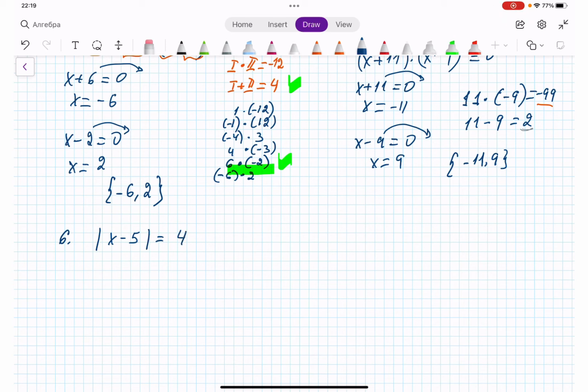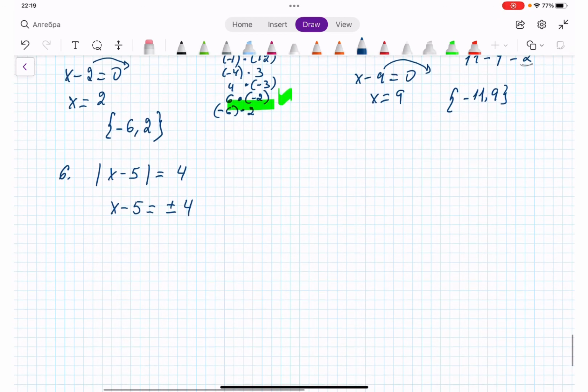When we get rid of the absolute value, we are going to get x minus 5 can be either positive 4 or negative 4. So from here, we get two equations: x minus 5 is equal to positive 4, and x minus 5 is equal to negative 4. Yes?